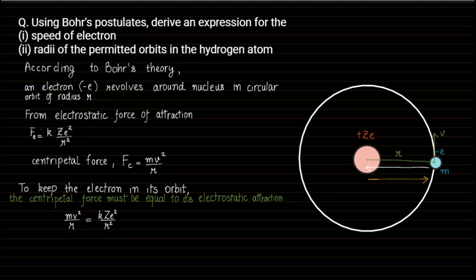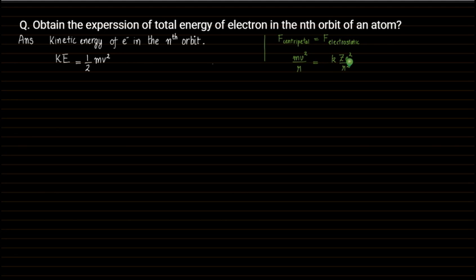Fine. So I've written here centripetal force should be equal to electrostatic force. mv square by r should be equal to kZe square upon r square. Now from here I can cancel this r. So I will have mv square equals kZe square upon r. Now if I divide this expression by 2 on both sides, what will I have?